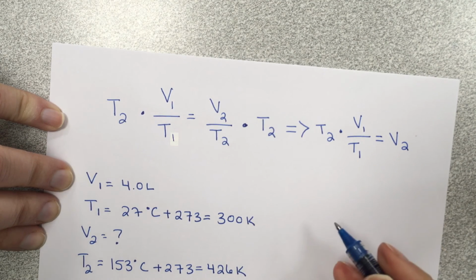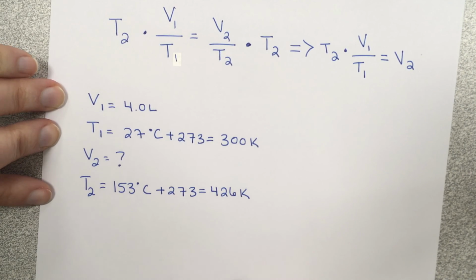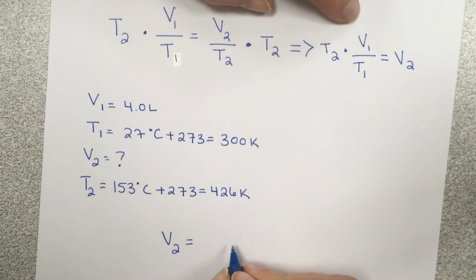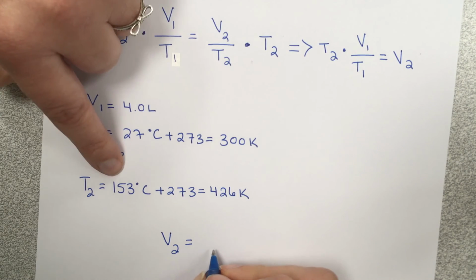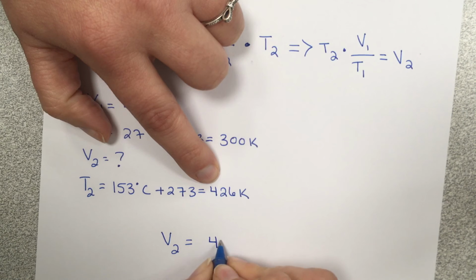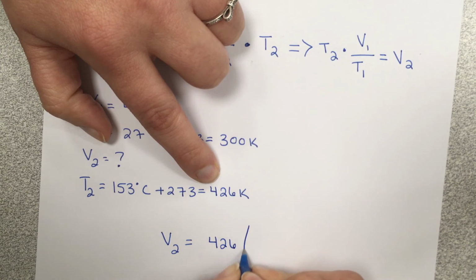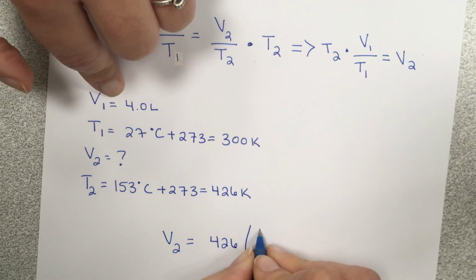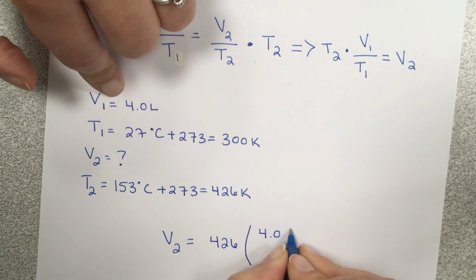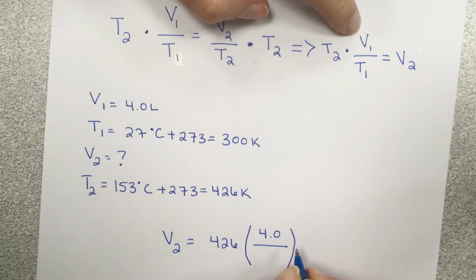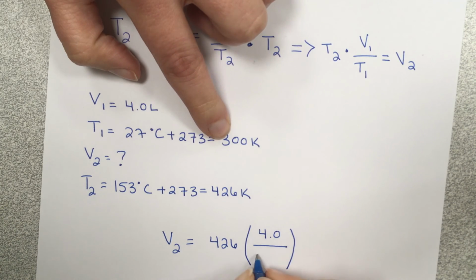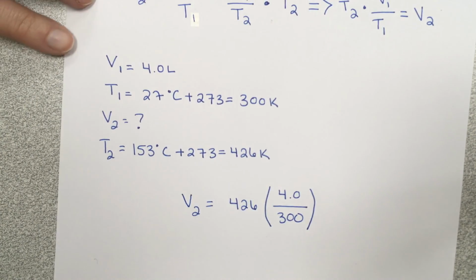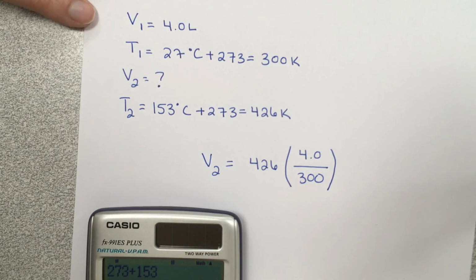So volume 2 will equal temperature 2, which is 426, times volume 1, so 4.0, divided by temperature 1, and we just plug those into the calculator and we should have our answer.